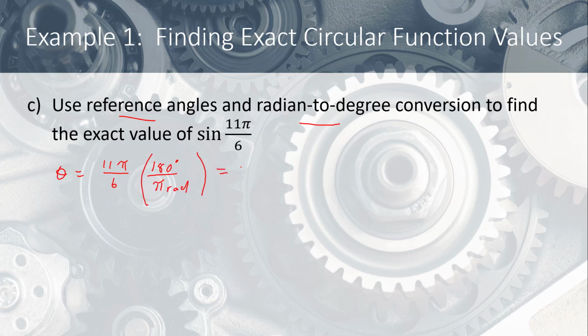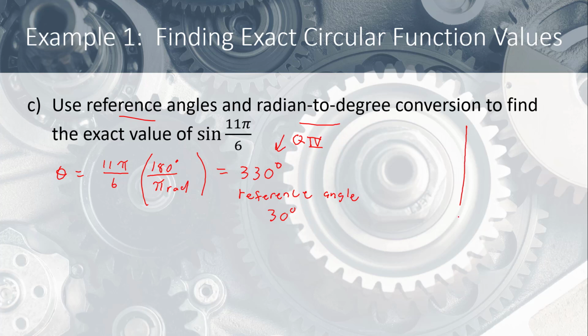And if we do, we will have 330 degrees. Now 330 degrees lies in quadrant 4. Its reference angle is 30 degrees.